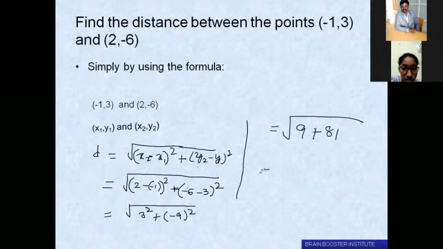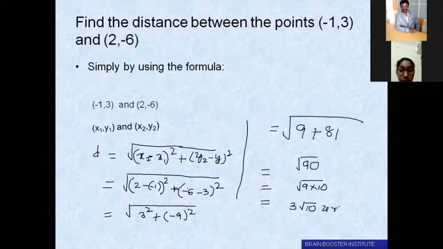Now 81 plus 9 is how much, Nana? 90, sir. So this we can write as under root of 9 into 10. Now the square root of 9 is 3, as we know. Now 3 into under root of 10 units.